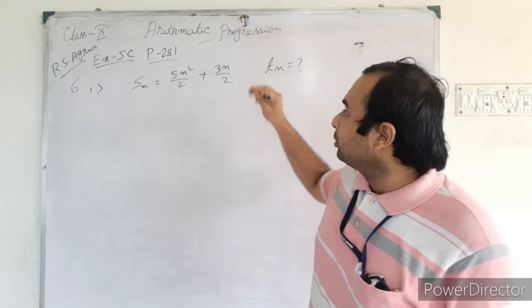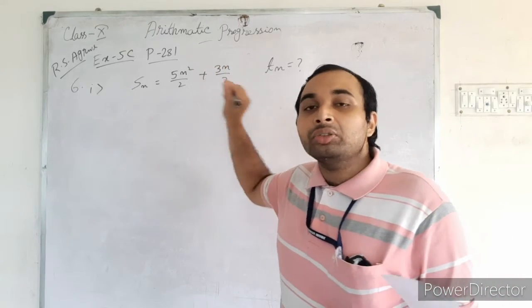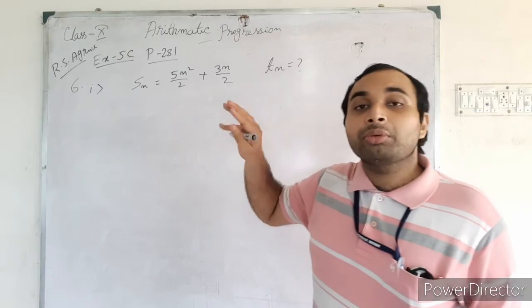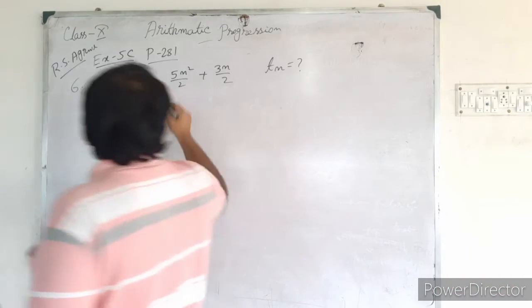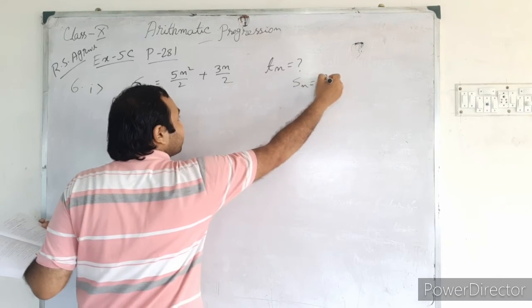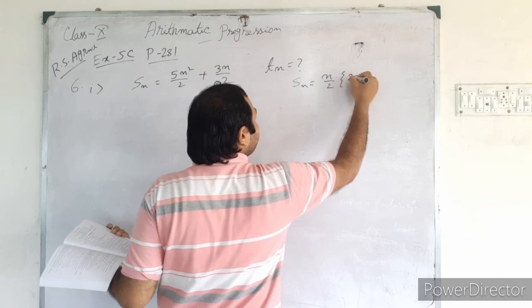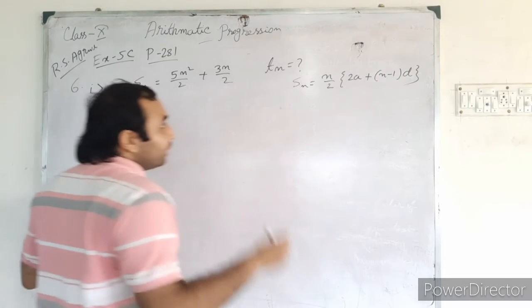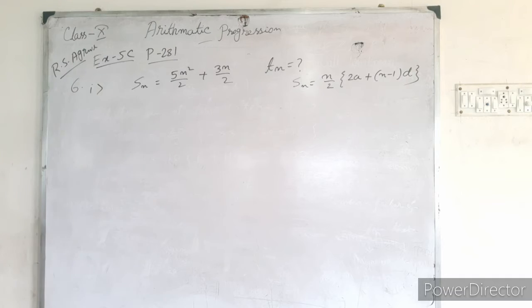So we have to convert this into the general form of the sum of the series. I am writing here Sn equals n by 2 into (2a plus (n minus 1) into d). We have to convert this into this form.